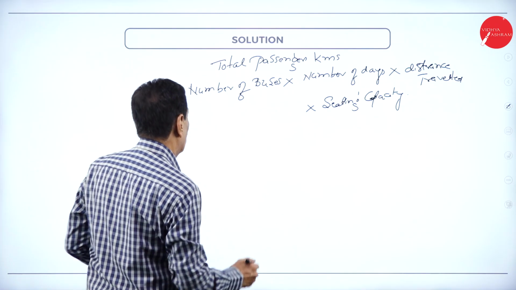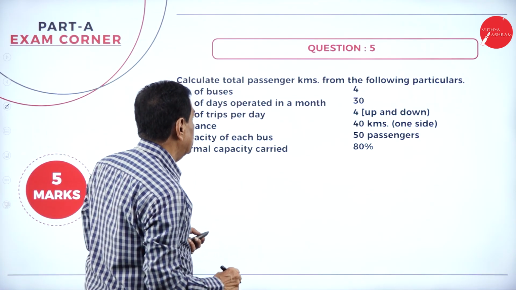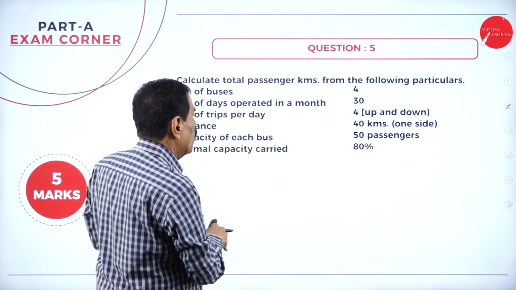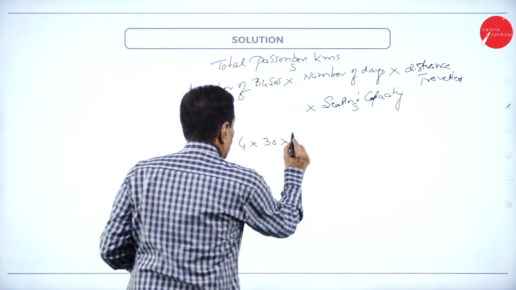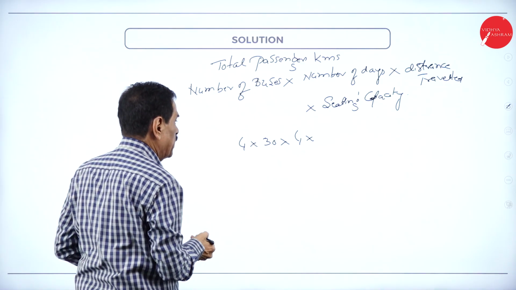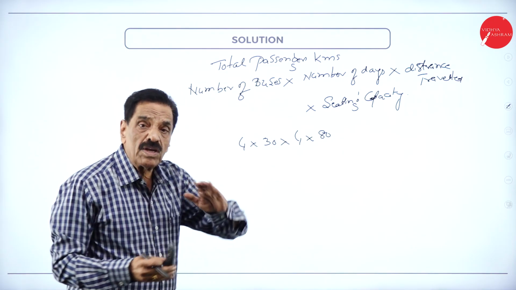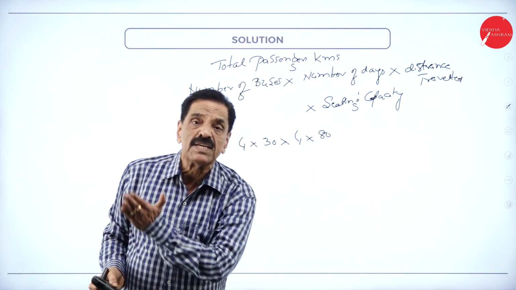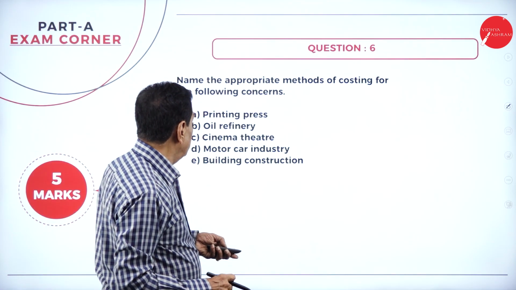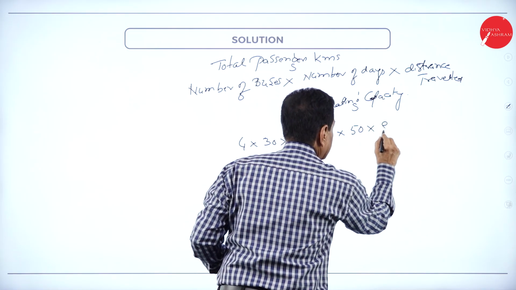Number of buses is 4. Number of days is 30. Distance traveled: it is 40 kilometers, going 40, coming 40 means 80 kilometers. How many trips? 4 trips. Then seating capacity 50, occupied only 80%.